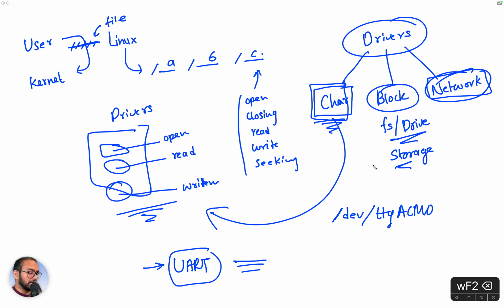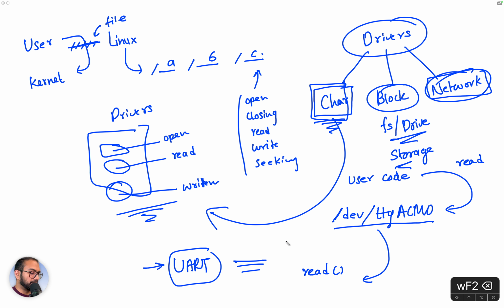As the user application attempts to read this file, the read usually triggers the read system call implemented by the device driver for UART. And then within this, it will have the functionality to go read some information from the UART and then pass it back to the user code.